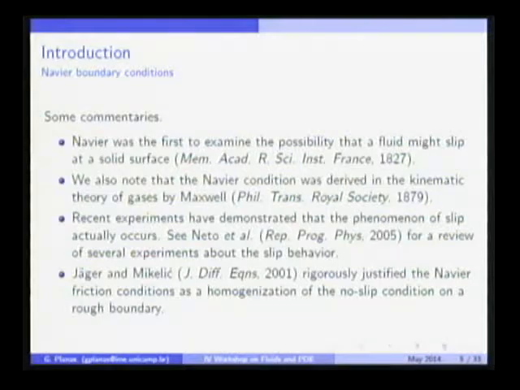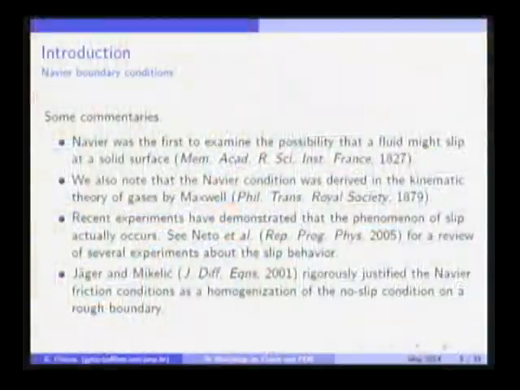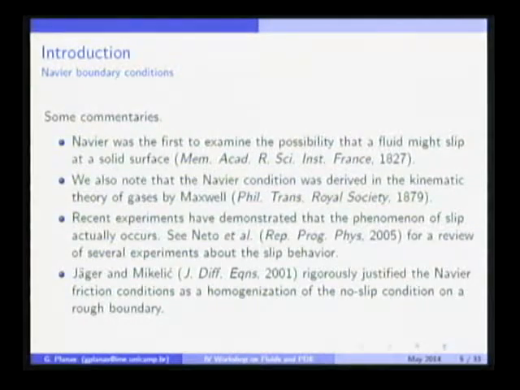Recently, experiments have demonstrated that the phenomenon of slip actually occurs, especially in microfluids at the microscopic level. This is a paper of Neto and many other people. It's a review of many experiments which show this kind of phenomenon really occurs.